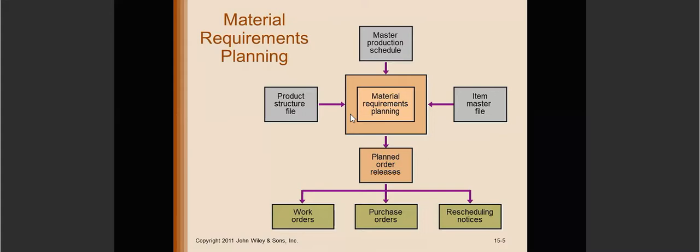And if there is new information from customer orders or an adjustment in the capacity, the planned order release will provide a rescheduling notice, which means that management should modify the material requirement planning to ensure the production process can produce based on the customer orders and based on the available capacity.